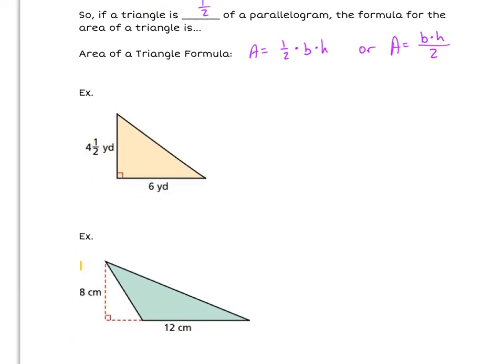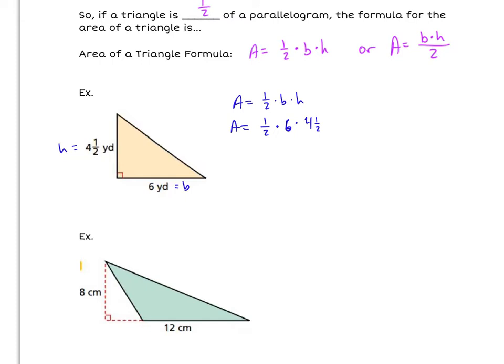So a couple examples to work through here. We take our formula. It's always good to write your formula out. And you can feel free to use your calculator on these. So we have area equals 1/2 times 6 as my base, times 4.5 as my height.